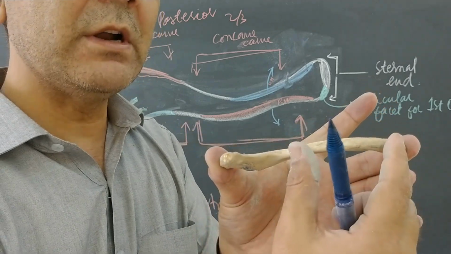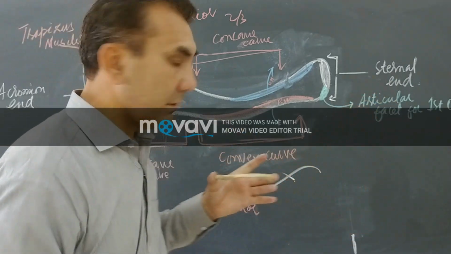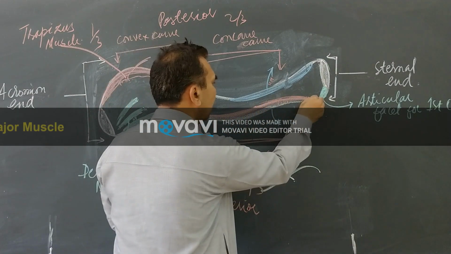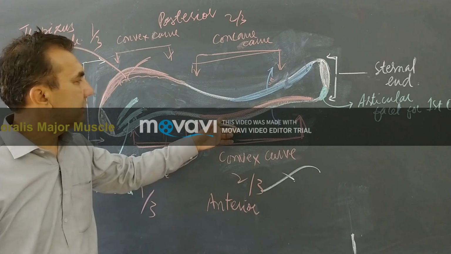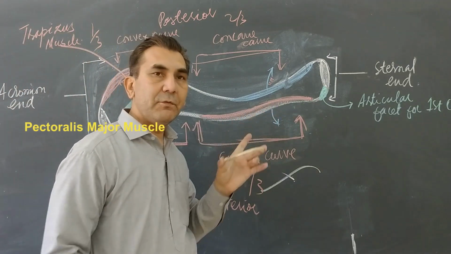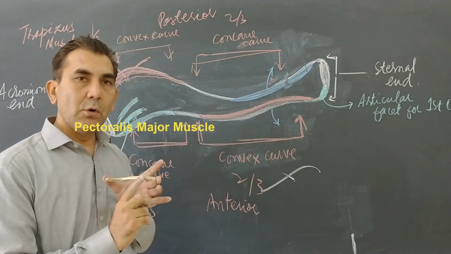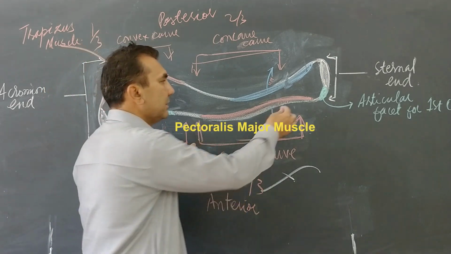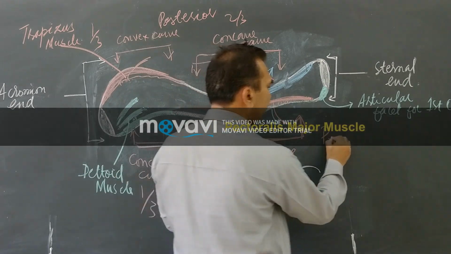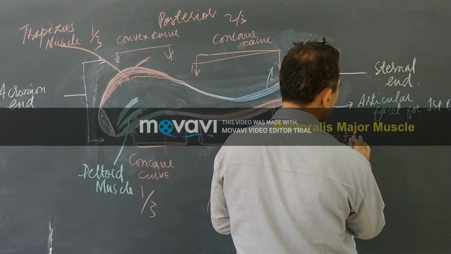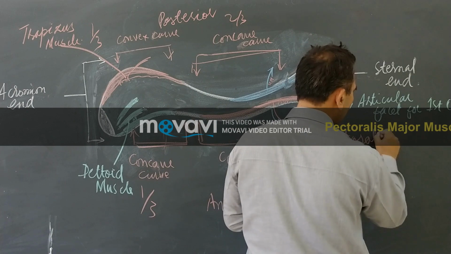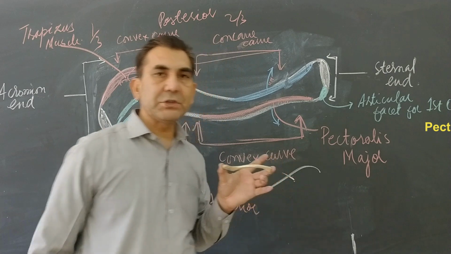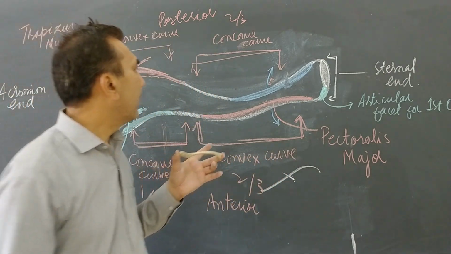The anterior border of the clavicle bone at the convex curve area is for the attachment of the pectoralis major muscle.